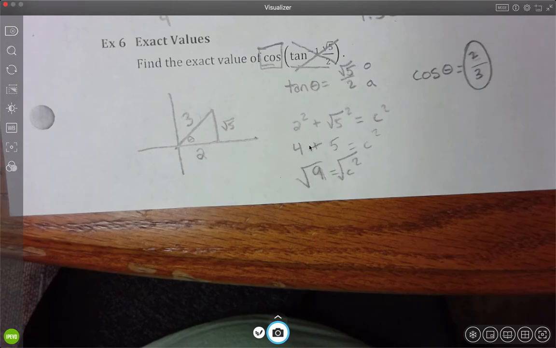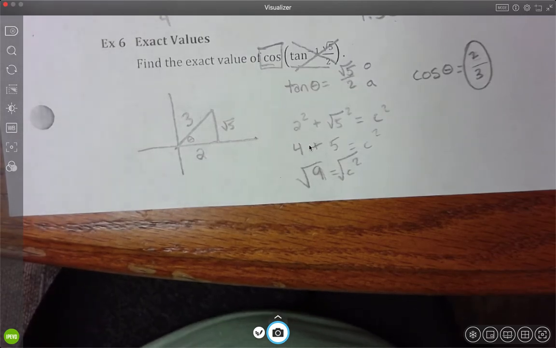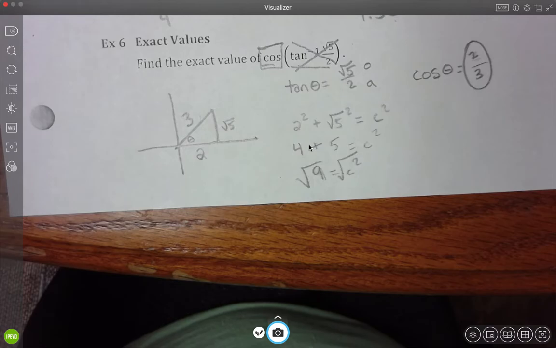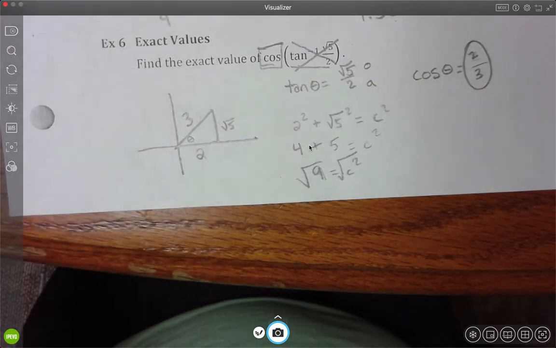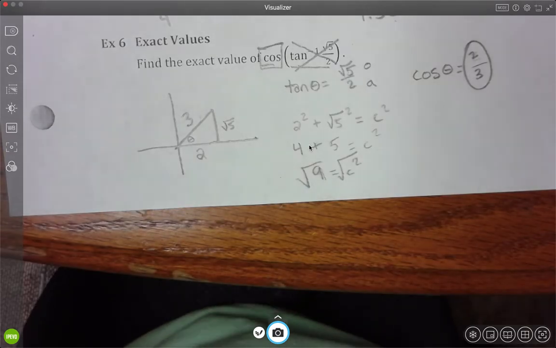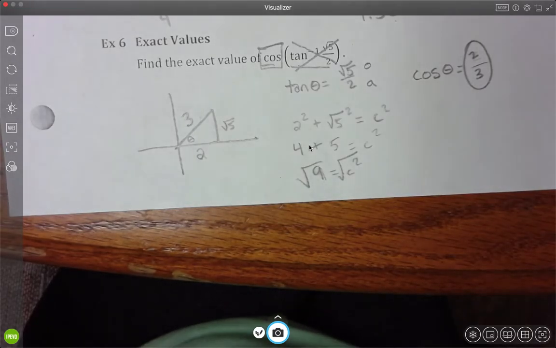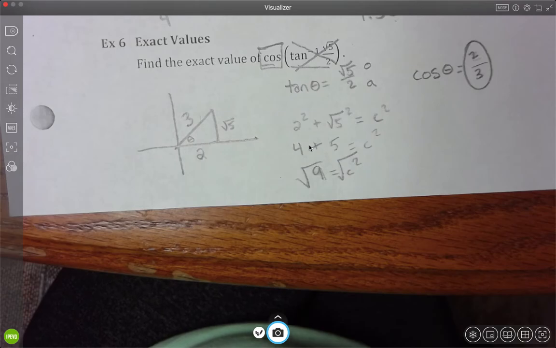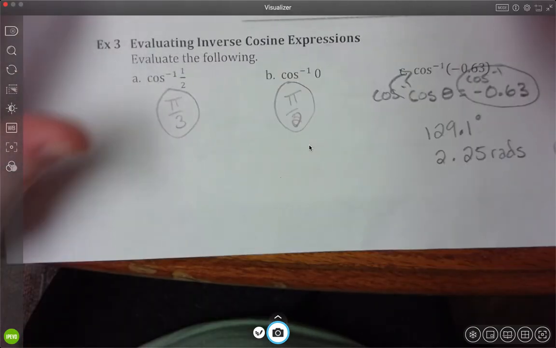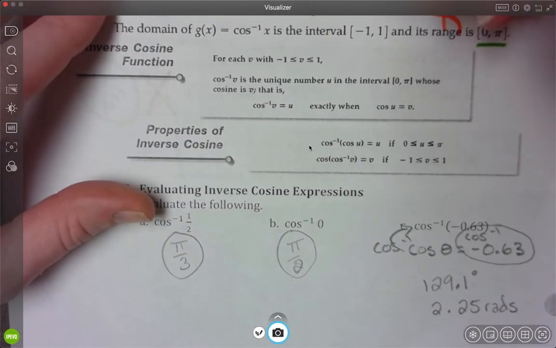But the thing to gather from this section is that in section 8.1, we did plus 2 pi n or plus pi n on the end of every answer that we got, because there was more than one answer. Like, it kept going to the left and to the right forever and ever and ever. But for inverse functions, it does not go forever, because otherwise it wouldn't pass the vertical line test, okay, like this guy.